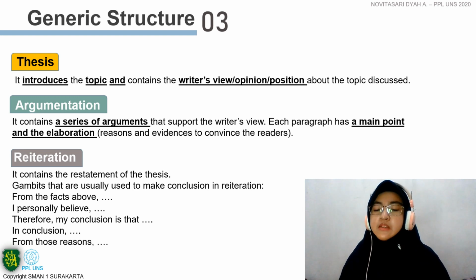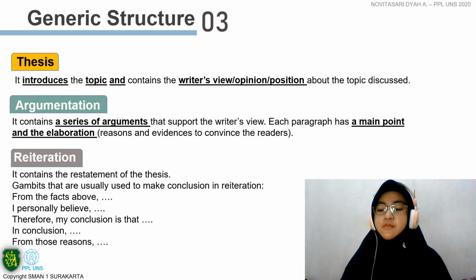And what makes analytical exposition text different from hortatory exposition text is that in the last paragraph, which is reiteration, the writer only restates his opinion without providing the solution or the recommendation to solve the issue. Okay, to solve the topic. Just the opinion about the topic, the restatement.